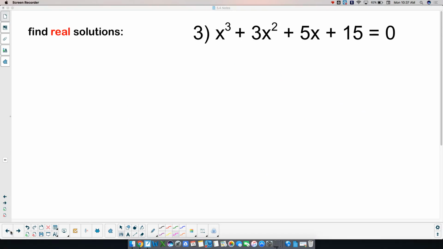Can I GCF the whole thing? No, right? Okay. Is it a difference of perfect squares? Nope. Trinomial? Nope. Cubic? It is a cubic, but it's not a sum or difference of cubes, right?